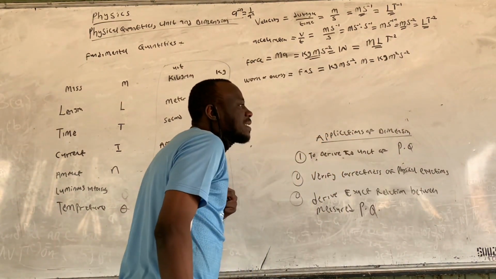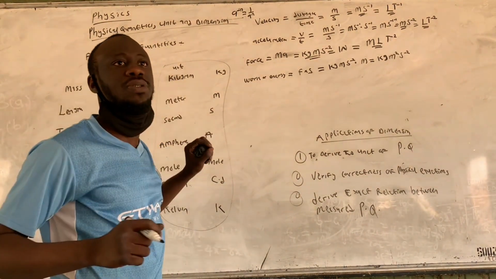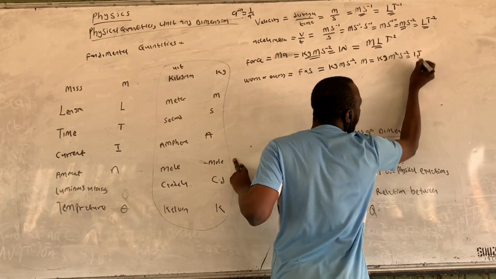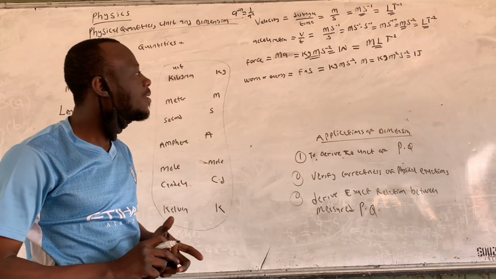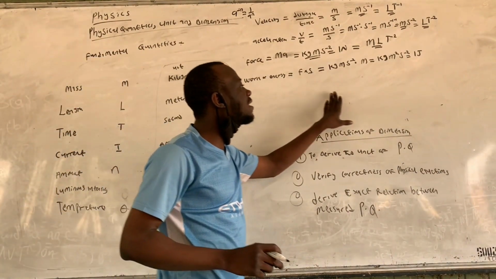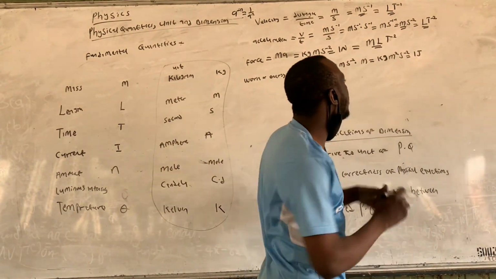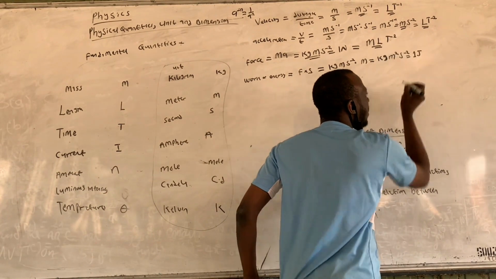So remember that work is measured in joules. This is equivalent to 1 joule, because by convention, work or energy is measured in joules. Remember that 1 joule is equivalent to 1 kilogram meter squared per second squared.